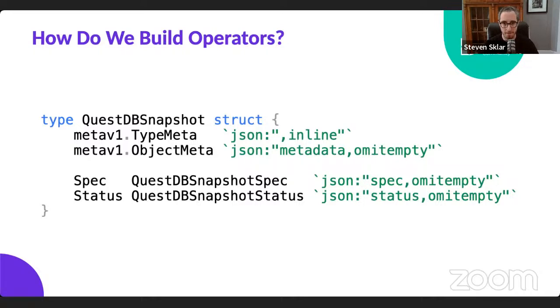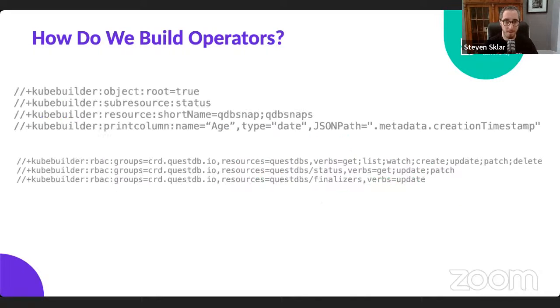So you define your operator's API by using Go structs in a package. You can also further customize those structs by using special comments known as markers. For example, you can create what they call a short name, so I don't have to type QuestDB snapshot schedule every time. I can just use a friendly acronym. You can also customize the output when you kubectl get your object.